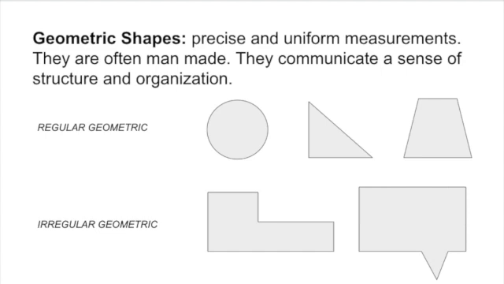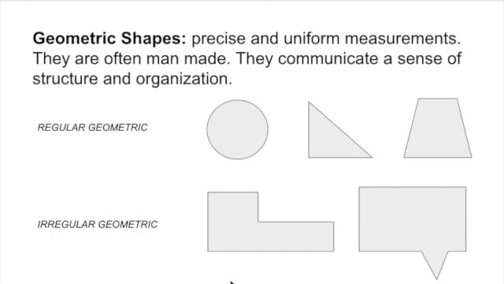Now, the problem is that all of the shapes that human beings can make don't necessarily always have a name that can precisely describe it. For example, our regular shapes include the circle. In this case, we have an isosceles triangle, and we have a trapezoid. There are specific names and there are explicit conventions on how those shapes are constructed.